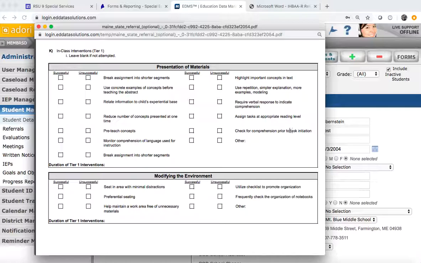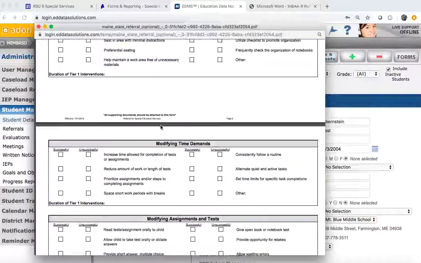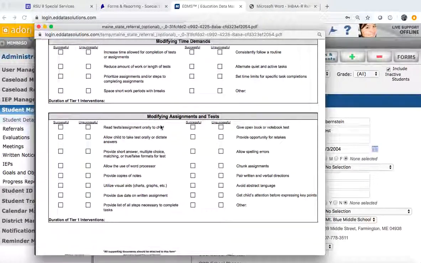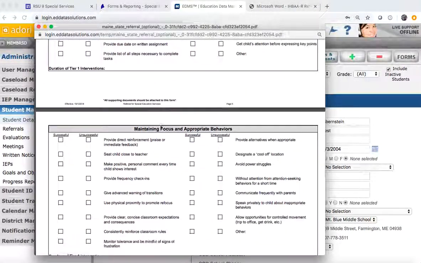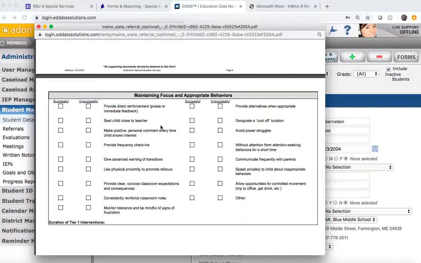What we hadn't had before, and they will need to include, is the duration that they've used these interventions. If they've used one longer than another, they can put that detail in there for sure, and whether the intervention or the accommodation was successful or not. Presentation of materials, modifying the environment, modifying time demands, and modifying assignments and tests. Lastly, maintaining focus and appropriate behaviors.